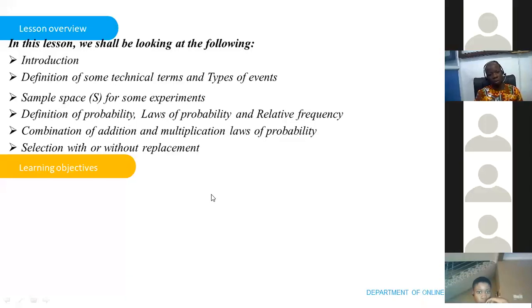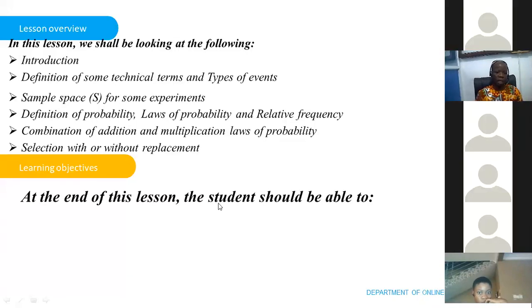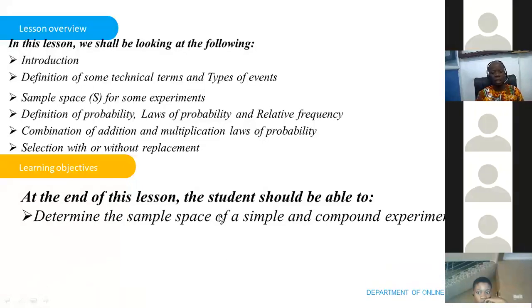What do we expect from you? Now, at the end of this lesson, we expect that each and every one of you will be able to determine the sample space of a simple and a compound statement. If you have any simple statement given you, you should be able to determine the sample space.